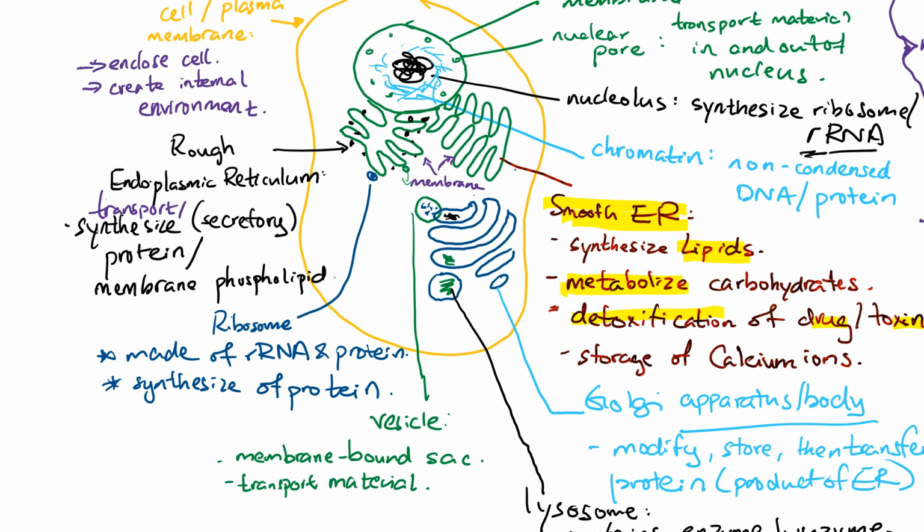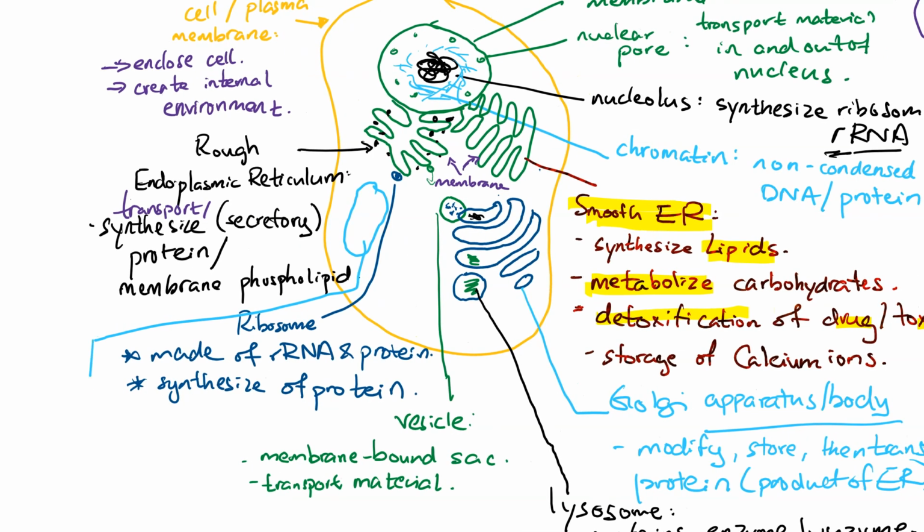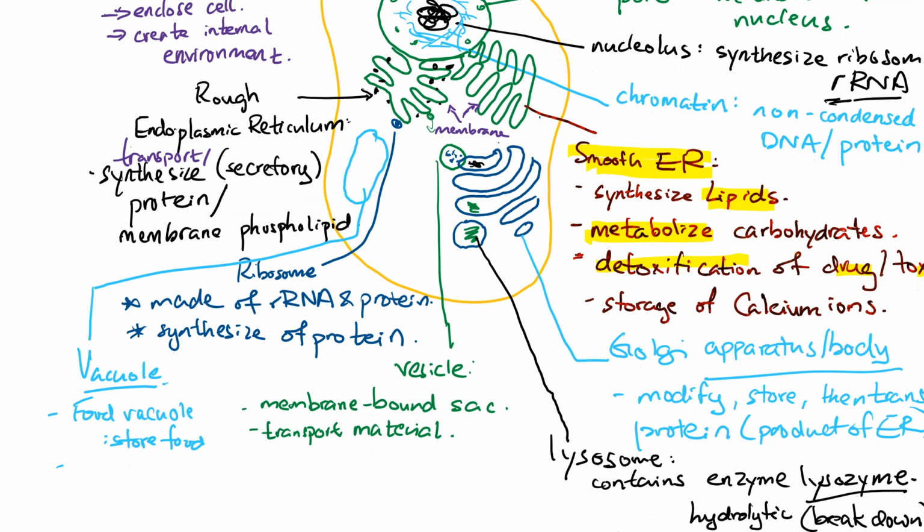Okay. Some animal cells have a membrane sac, which is used for storage, and we call this a vacuole. A vacuole, if it's a food vacuole, will be used to store food. Some protists, like for example Paramecium, have a contractile vacuole.